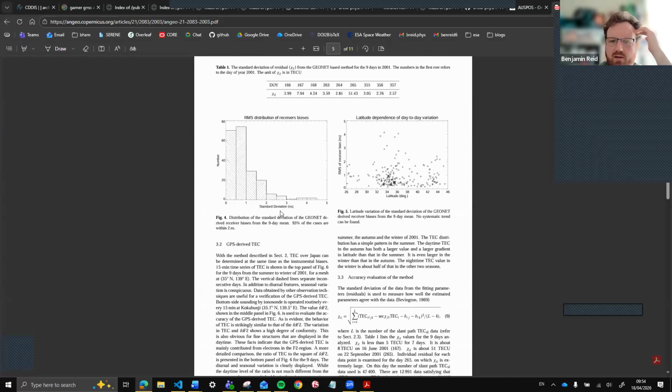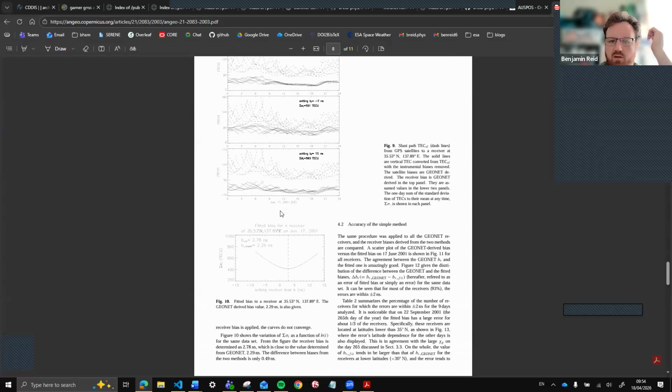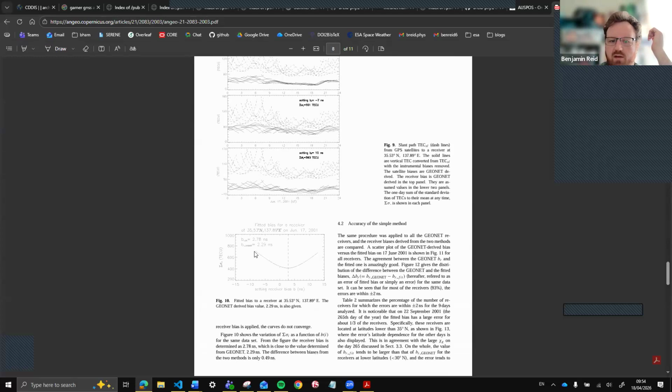It looks a little bit wonky, but essentially you just try a receiver bias, and you try a whole bunch of them. Then you calculate the standard deviation of your VTEC that you get at the end. At some point you will reach a minimum, right? There is some choice of receiver bias that gives you the smallest variation in VTEC.